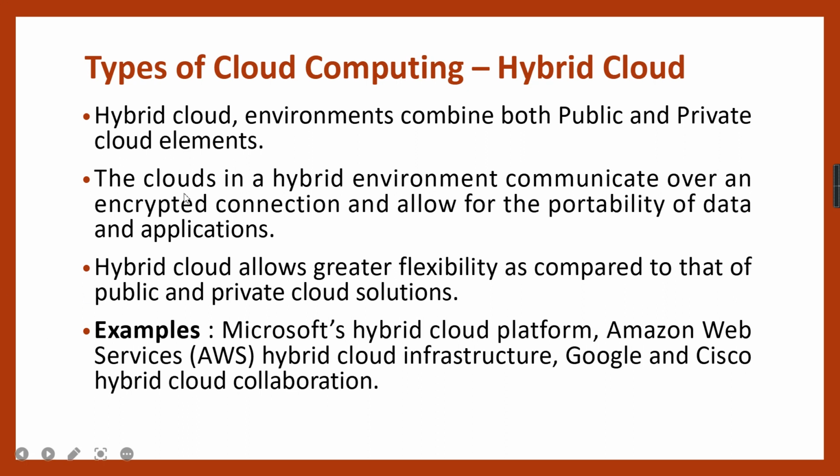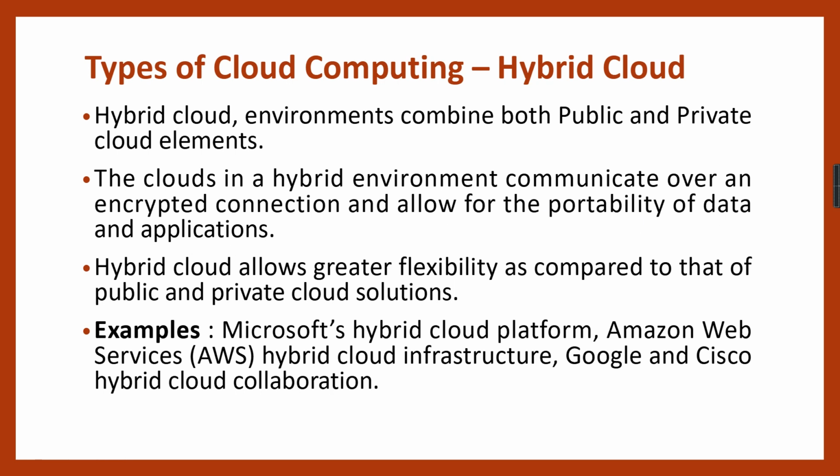So here it says that the clouds in a hybrid environment communicate over an encrypted connection. Encrypted connection means the connections are getting secured, as well as coded. Whatever communication is happening, whatever data or files are getting shared, everything gets encrypted, coded and decoded all the time at the server and receiver's end, and allows for the portability of data and applications.